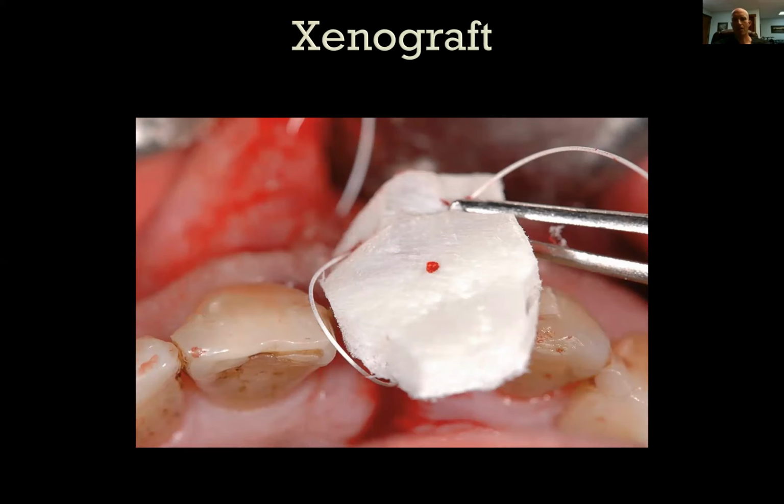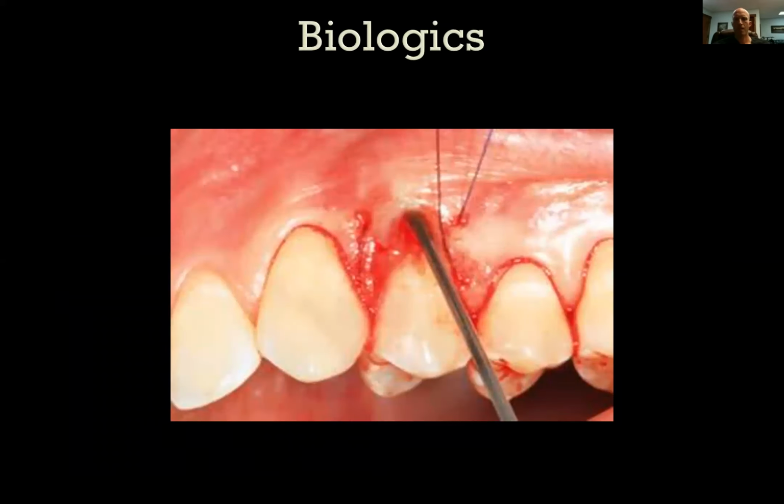Xenograft, these are resorbable materials. I've never had any experience using them, and the research that I've studied on these show that they do resorb over time, and so I've shied away from them. Biologics like Emdogain, several studies by Mike McGuire down in Houston has shown really good success with Emdogain, especially in the increase of the width of attached gingiva.